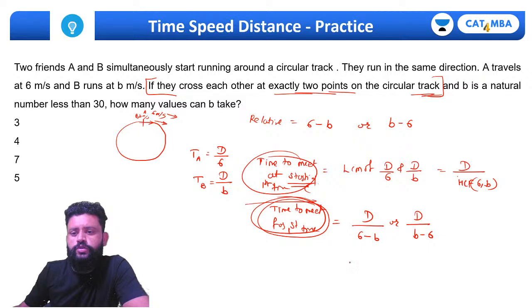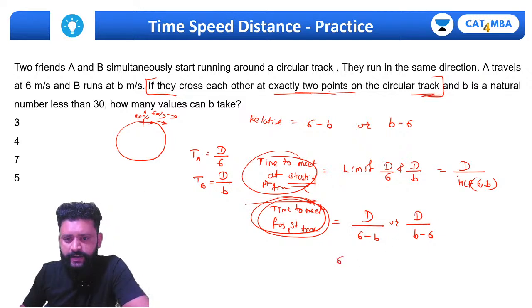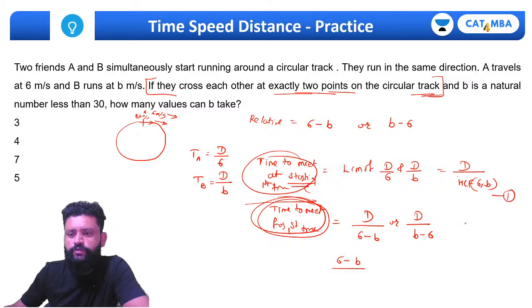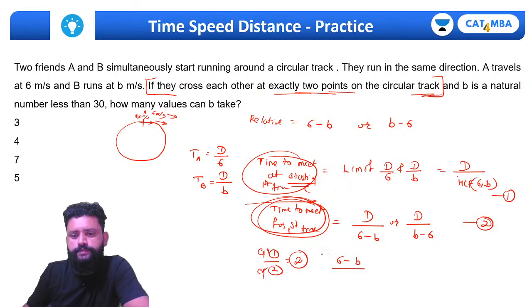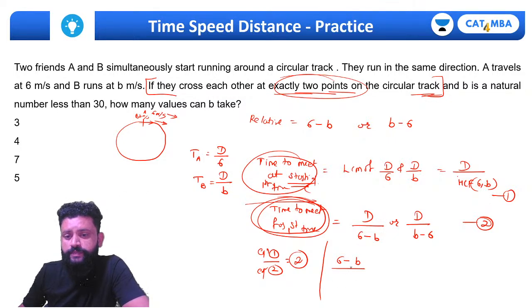So we need to divide equation 1 by equation 2, and it must be equal to 2, because they should meet at exactly 2 points.